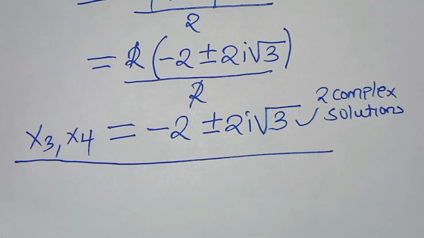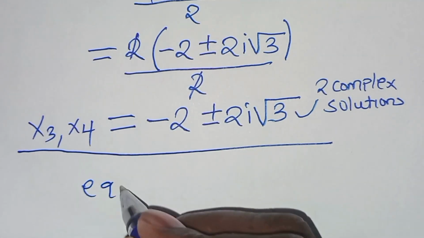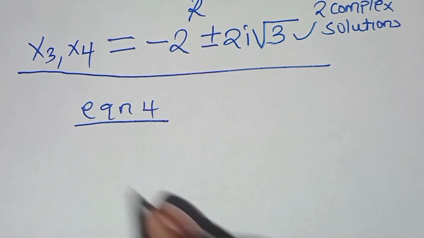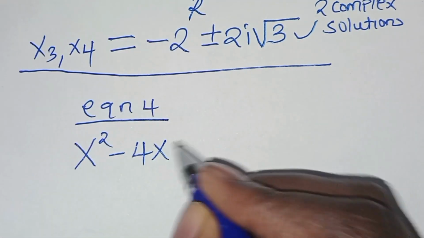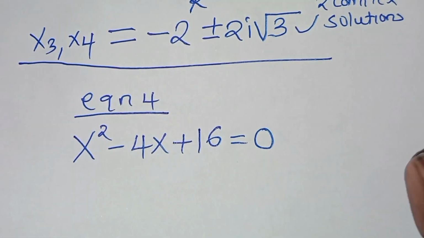Let's proceed to solving equation 4, which in this case is x squared minus 4x plus 16, this is equal to 0.